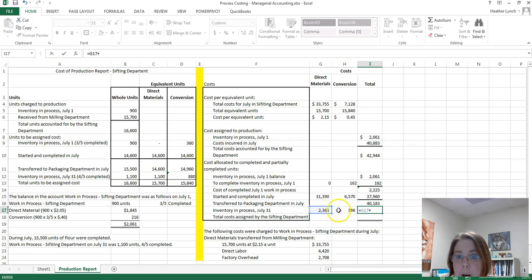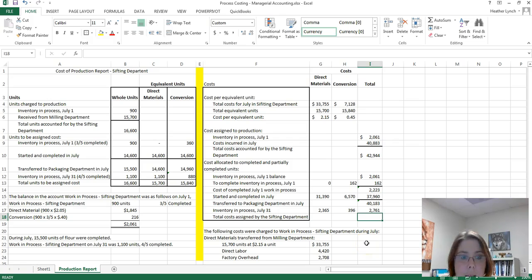Add those together. So our total cost assigned by the sifting department are the $40,183 plus the $2,761. So we have $42,944 that we have assigned for the sifting department.